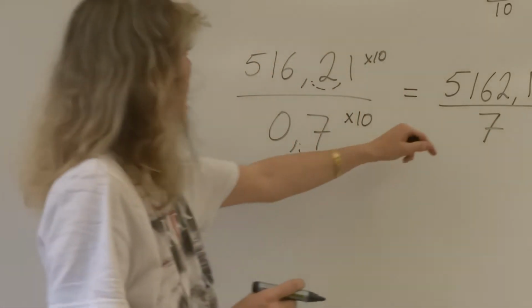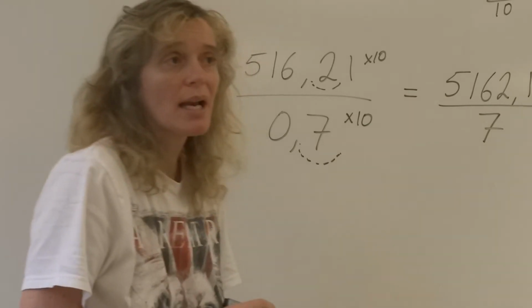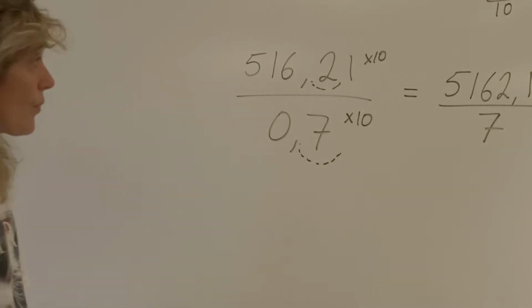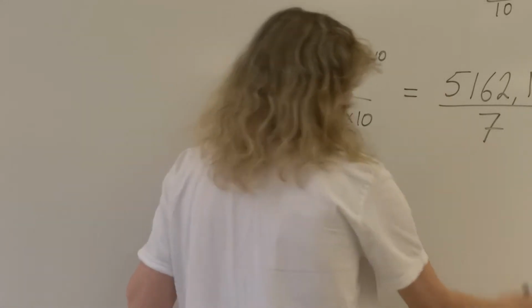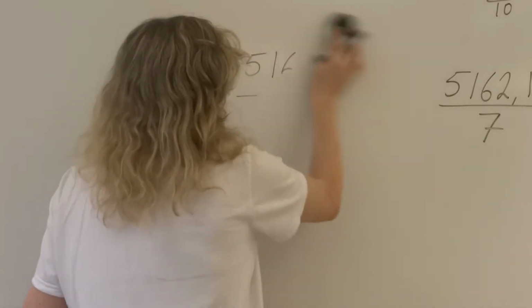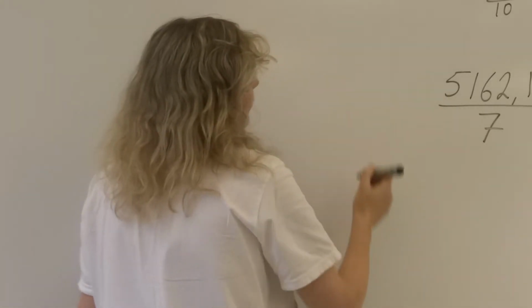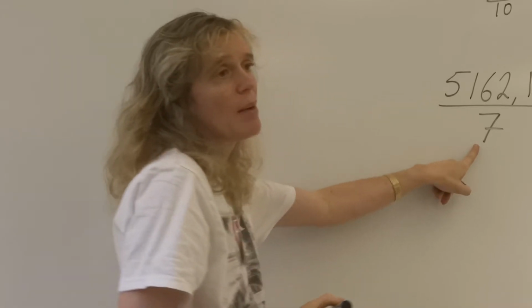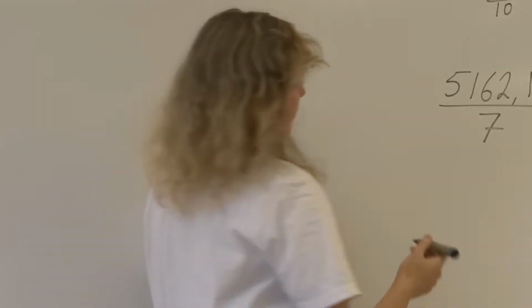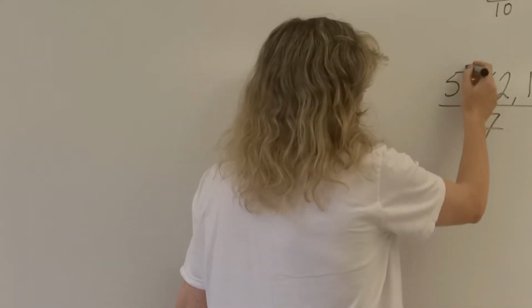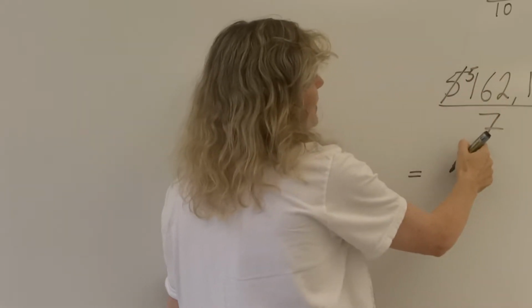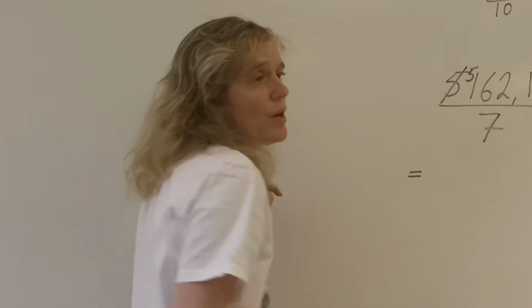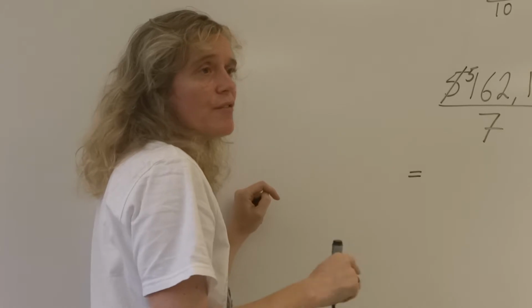Now we've got our number set up correctly, we can do the division. Think of the top number as being sweets and the bottom number as being people again. So we've got 5 sweets and 7 people. How many sweets does everybody get? 0. So we move that 5 over to here. We now have 7 people and 51 sweets. 7 goes into 51.